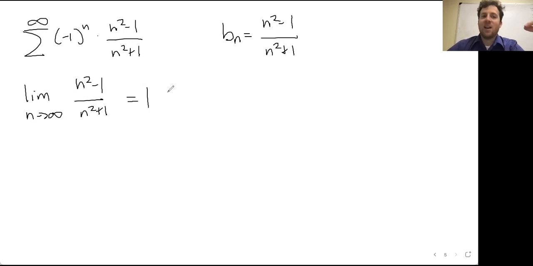So what we can't actually say is that the series diverges by the alternating series test, but there's some other test that we have which does explain what happens.